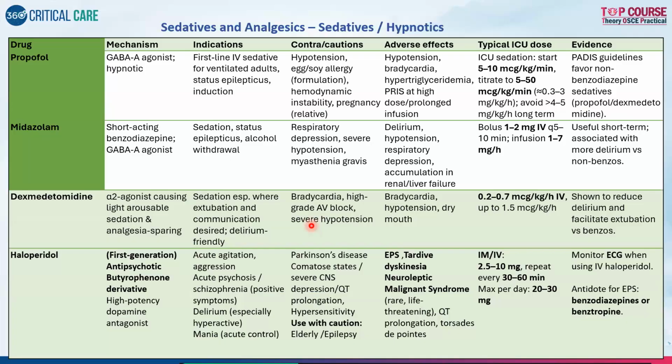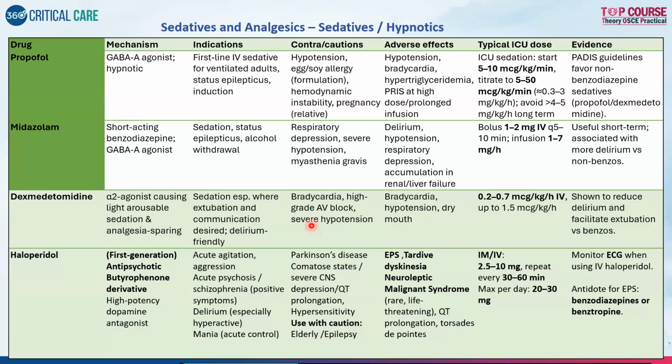Okay, propofol, midazolam, dexmedetomidine, haloperidol. What one needs to answer is, suppose we are given haloperidol, please mention that this is an ampule of haloperidol, 2 ml, 1 ml is equal to 2.5 mg. It is a first generation antipsychotic, butyrophenone derivative, and has a high potency dopamine antagonist activity.